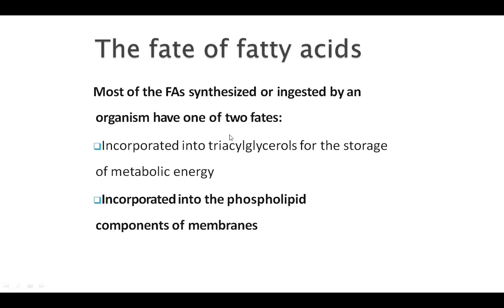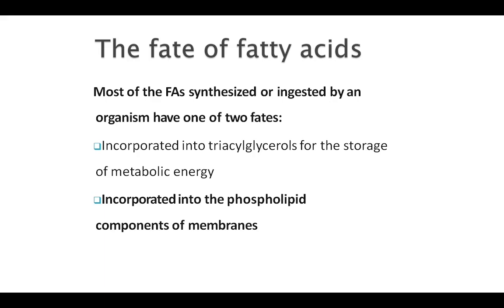Fate of fatty acid. Most of the fatty acid is either synthesized in the body or you can ingest it also, right? So what happens? There are two main fates. Either it will get incorporated into triacylglycerol for the storage of metabolic energy. So that's why if you take more and more glucose, more and more carbohydrate, more and more pyruvate will form. Ultimately, more and more acetyl coenzyme A, and from there more and more fatty acid will form, and from there more and more triglyceride will form.